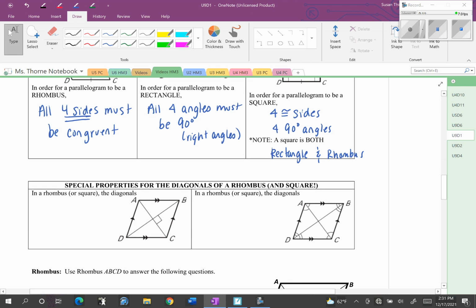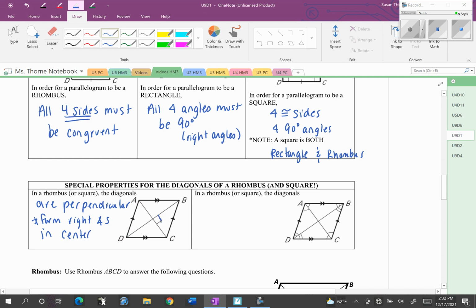So special properties for the diagonals of a rhombus and a square. In a rhombus or a square, the diagonals are perpendicular, which means they form right angles in the center.